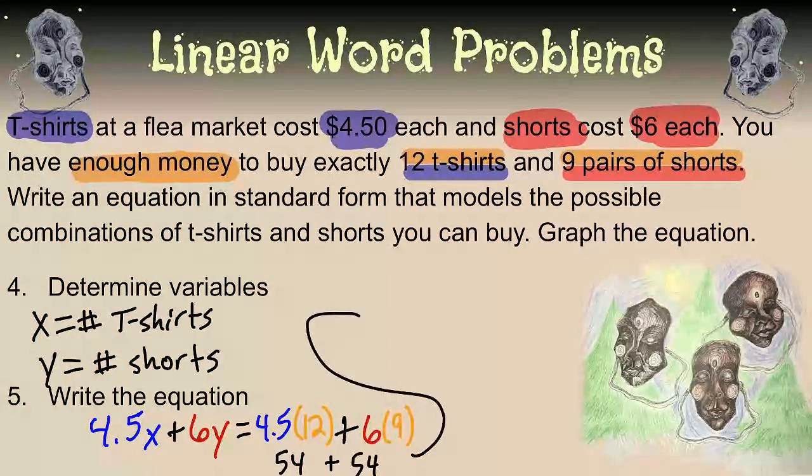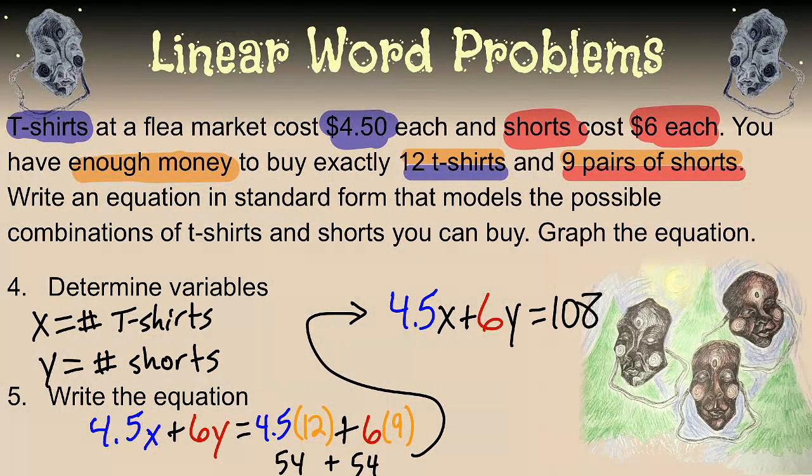So I'm going to rewrite this equation. 4.5x plus 6y equals 108, because 54 plus 54 is 108.